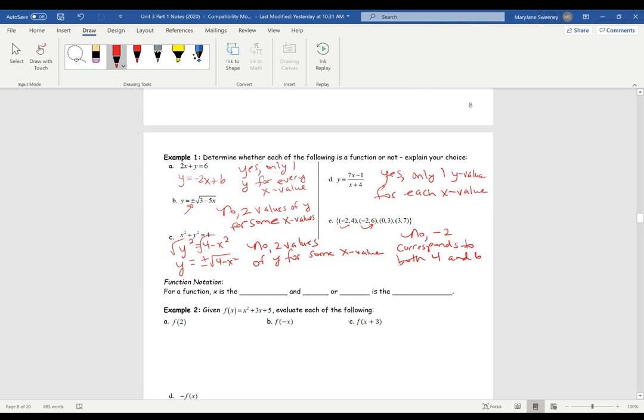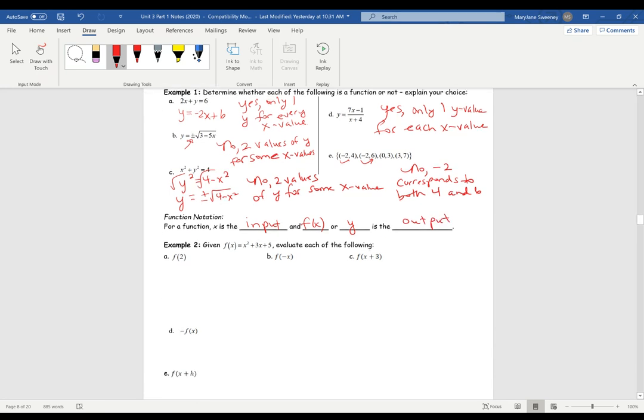For function notation, for functions, x is the input and f of x or y is the output. So it says evaluate f of 2. Well, f of 2 means you're going to put 2 in wherever you see an x.